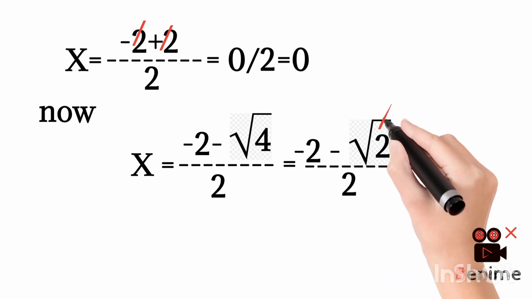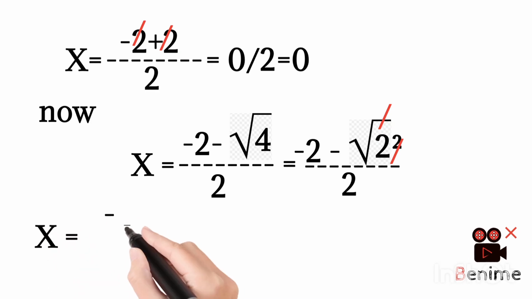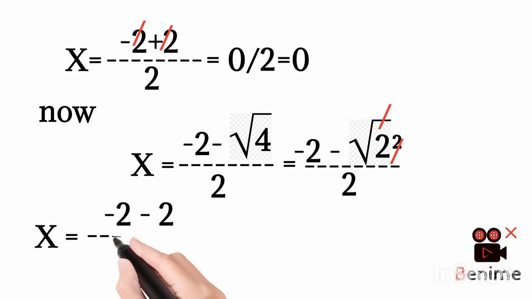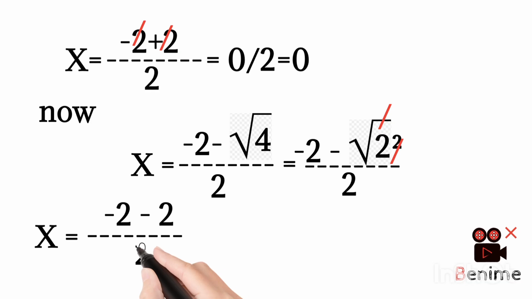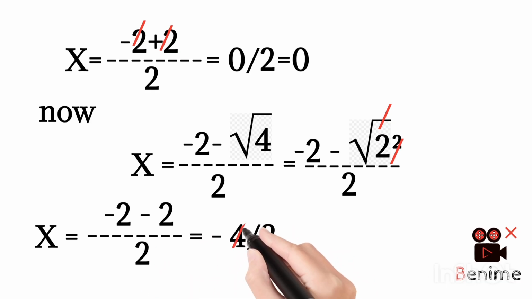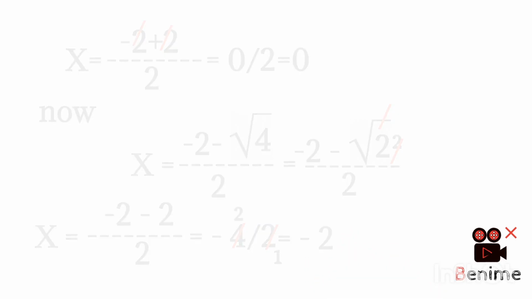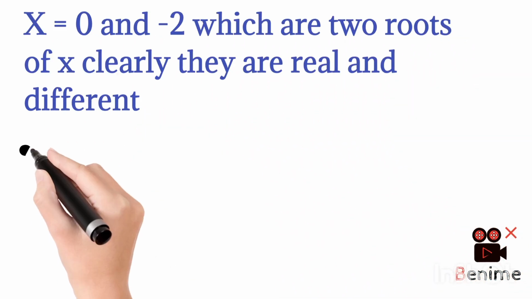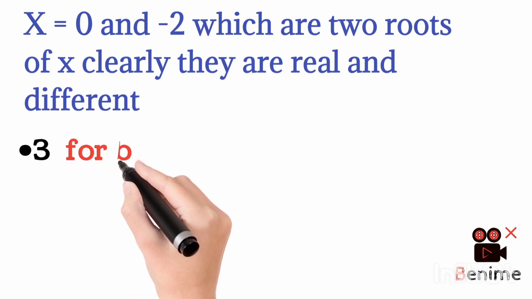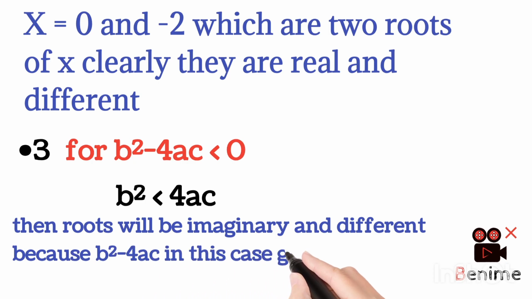Minus 2 and minus 2 add up to minus 4, divided by 2, and on simple division we get minus 2, which is the second root of x. Here we clearly see that 0 and -2 are real numbers, but they are different. So our assumption that b² - 4ac greater than 0 gives two roots which are real and different is confirmed.